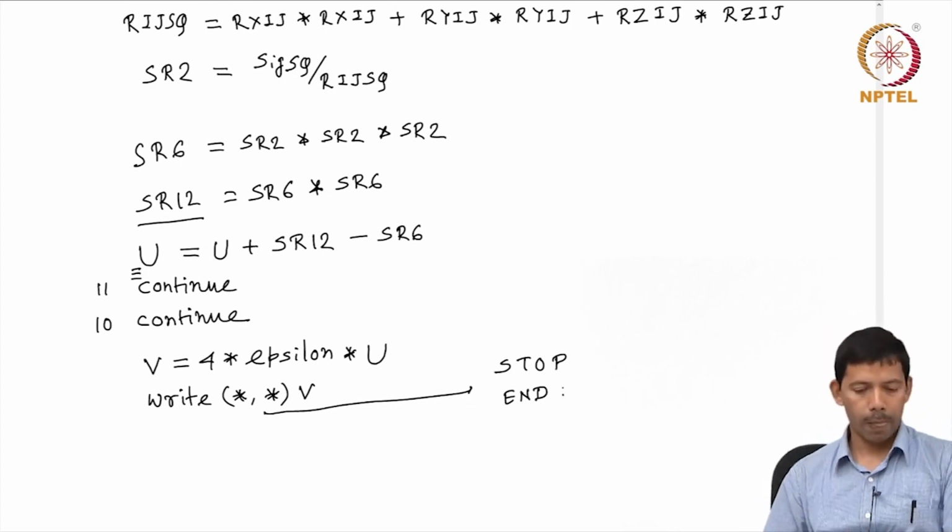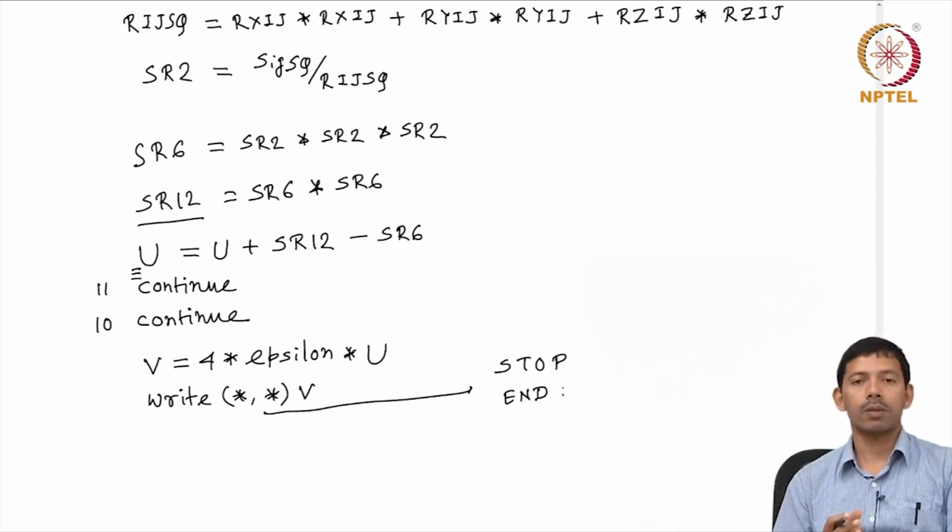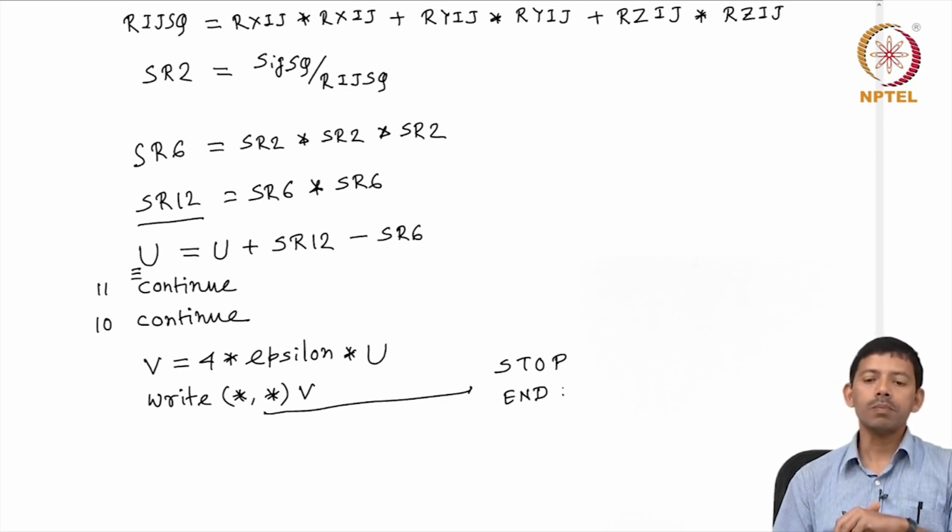That will be my Fortran 77 code to calculate the Lennard-Jones potential of an n particle system.